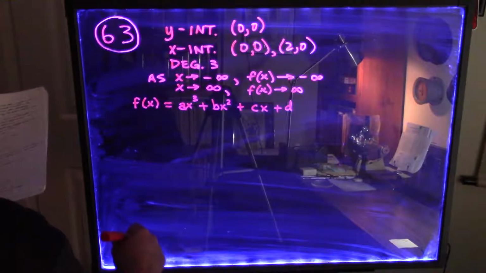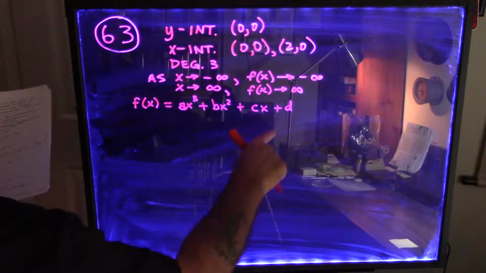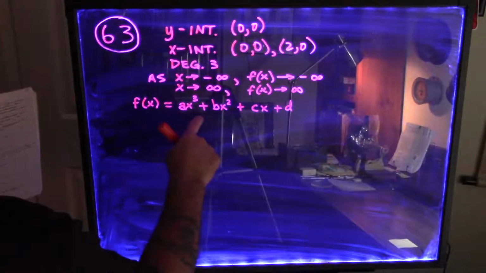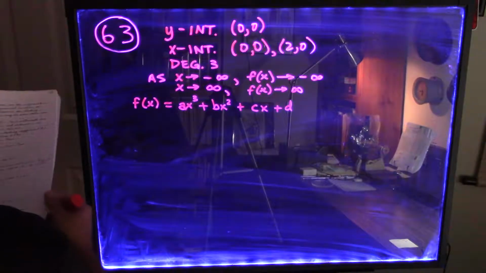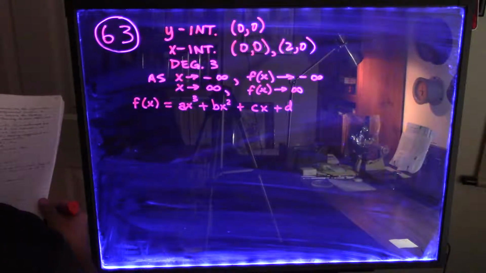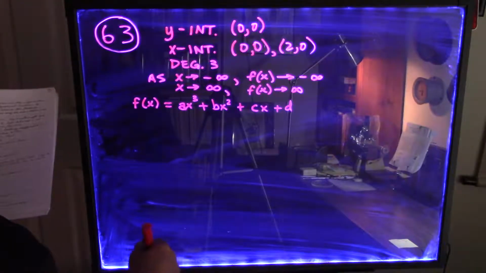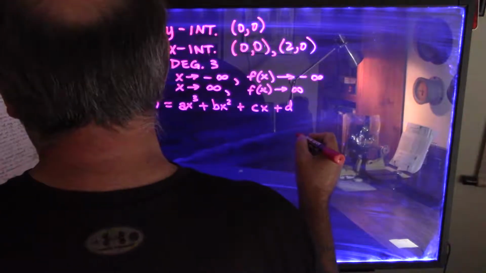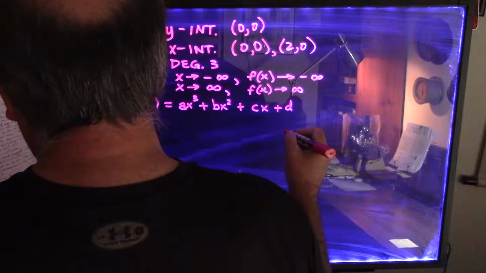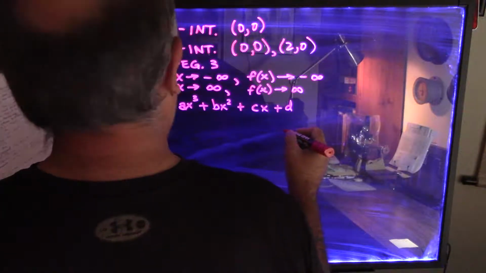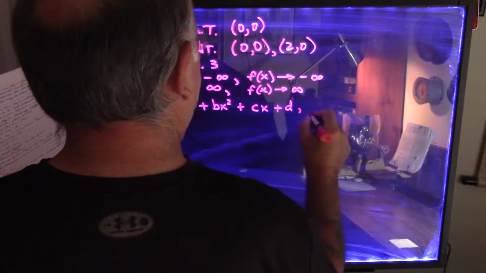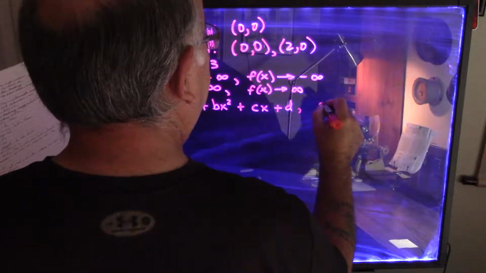This isn't really a big polynomial, so I'll just stick with a, b, c, d. We all understand what they mean. These a, b, c, and d are constants, and a has to be plus or minus 1 according to the general directions that were given.